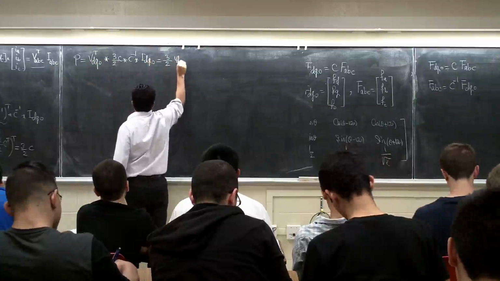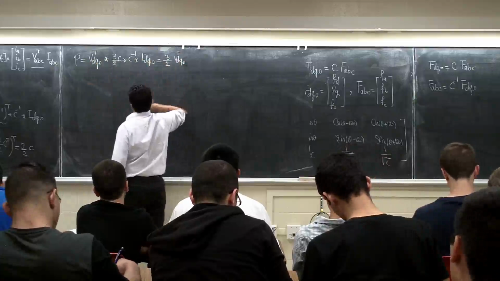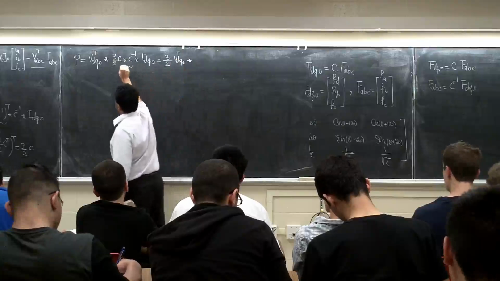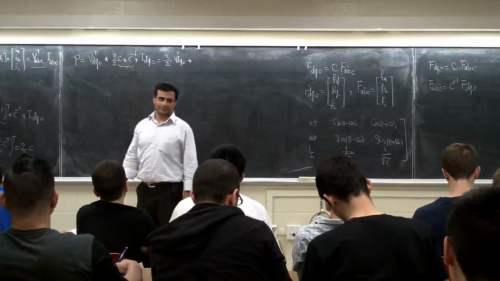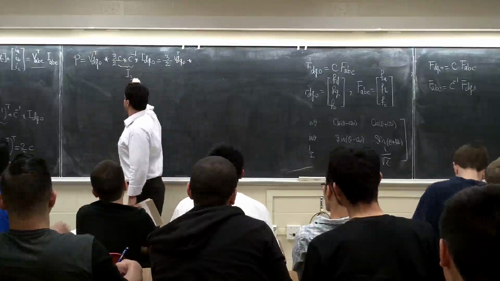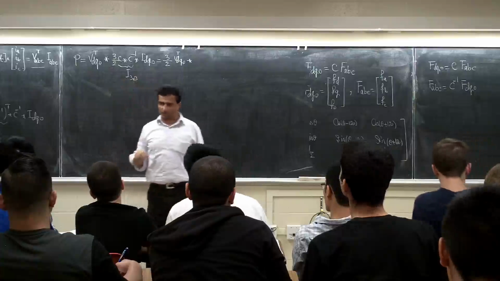VDQO transpose times C times C inverse, how much is it? No, it's not 1, it's I3. Right, it's the 3 by 3 identity.